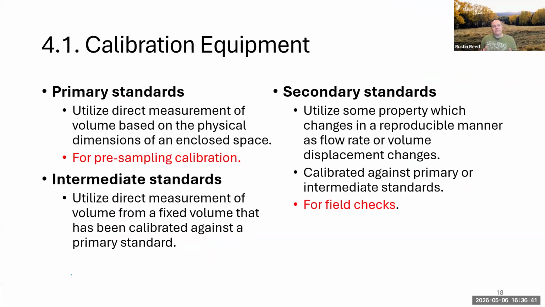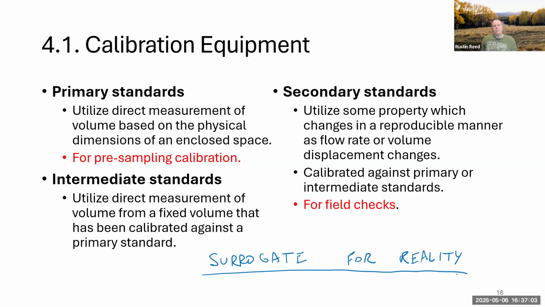I want to just say briefly that we put a lot of effort into getting our sample. We pay a lot of money and we spend a lot of time getting our sample. But at the end of the day, whatever number the lab gives us is what I would call a surrogate for reality.